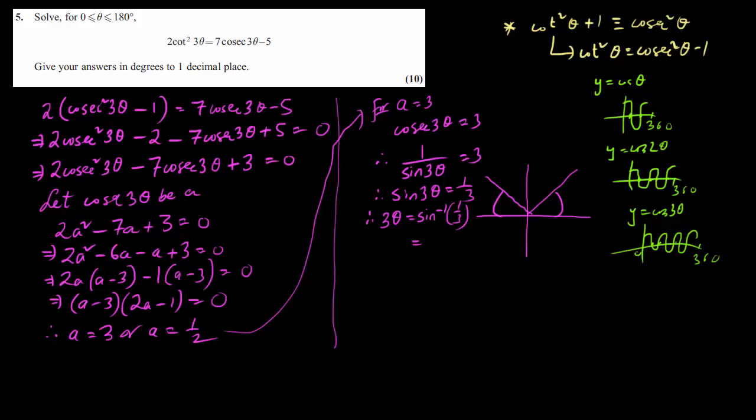Now if you take a look at the question, the range is 0 to 180 degrees. So instead of 6 answers, we're going to have half of that, meaning 3 answers. So let's get on with it.